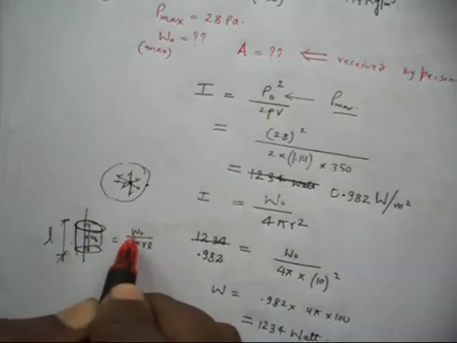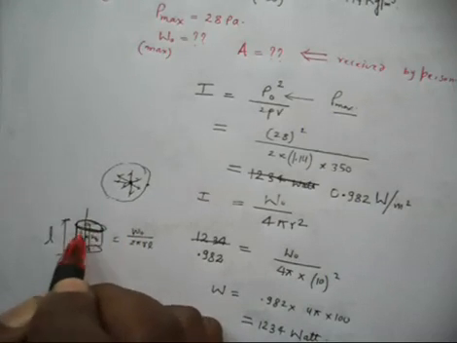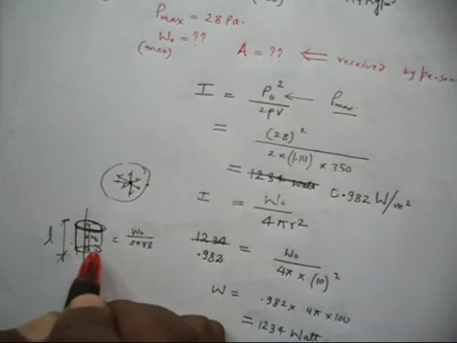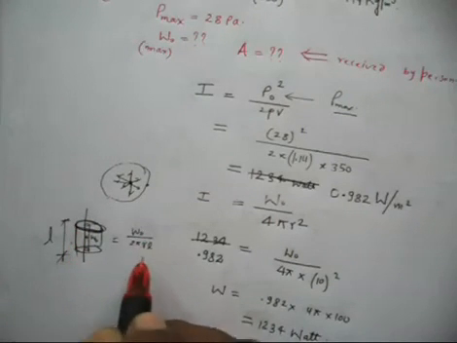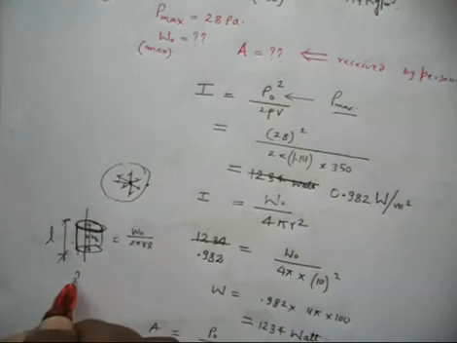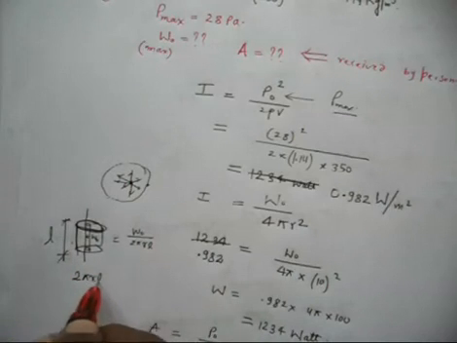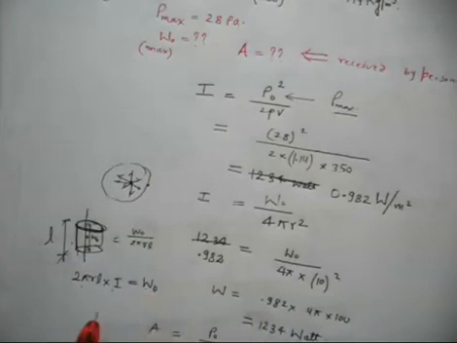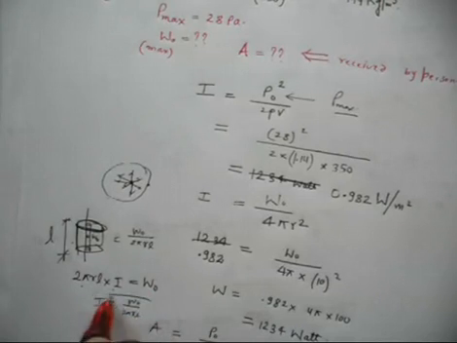Total energy is 2 pi r L into I, intensity into area is equal to W naught. So here I is equal to W naught by 2 pi r L.